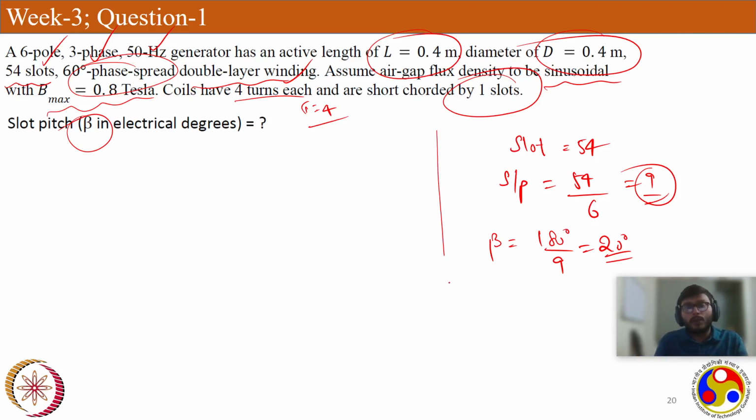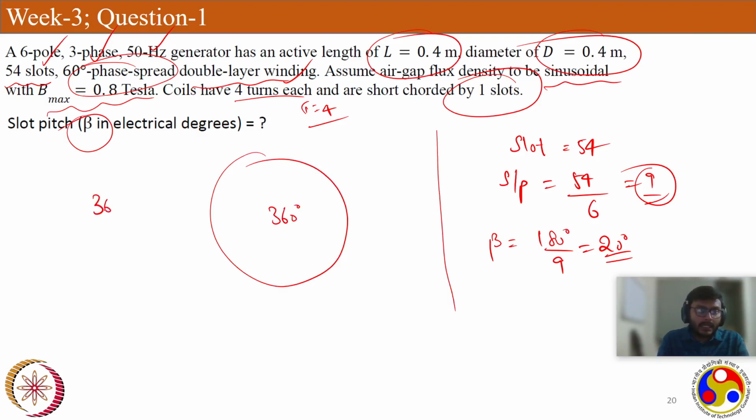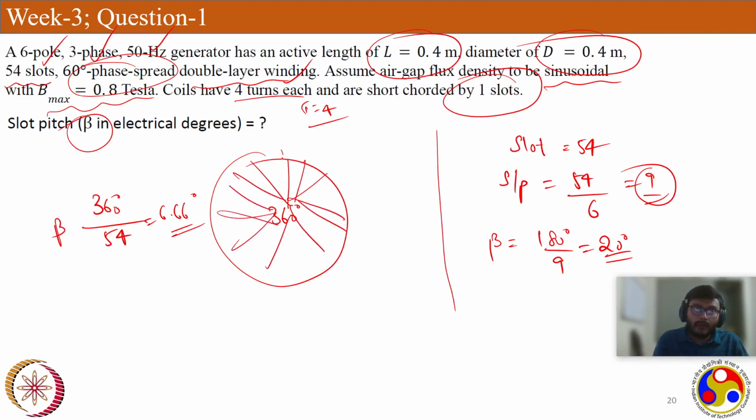And there is one more way to calculate beta. Let's say this is a machine. You know it's 360 degrees, right? 360 degrees is divided by how many slots? 54 slots. Now how much is 360 by 54? It's 6.66 degrees, something like that. Now this is the mechanical beta. It means that there are 54 slots, and each slot has 6.66 mechanical degrees.